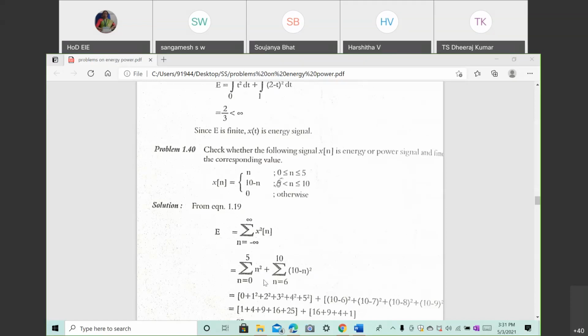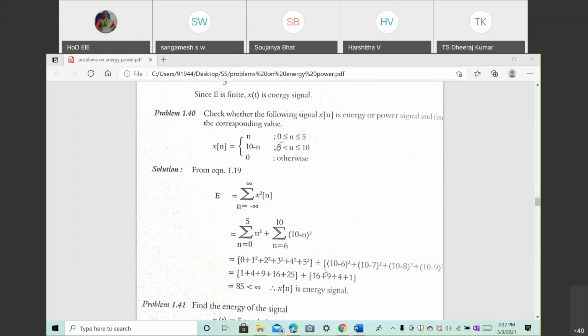You have to note down, keep it separate and remember it also. Then, as per the given range, we have to substitute n equal to 0 to 5, n square. Then for n from 6 to 10, the equation is 10 minus n, whole square.